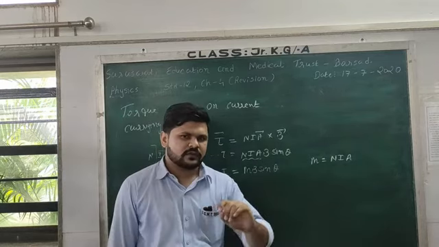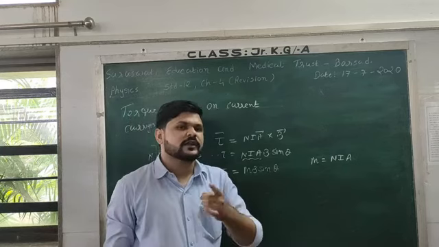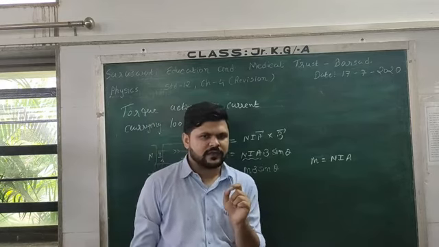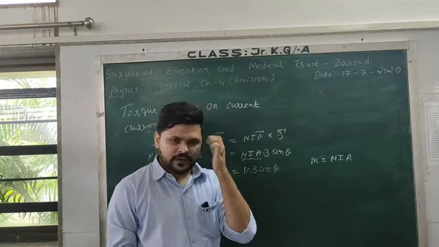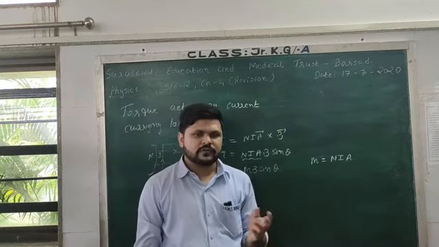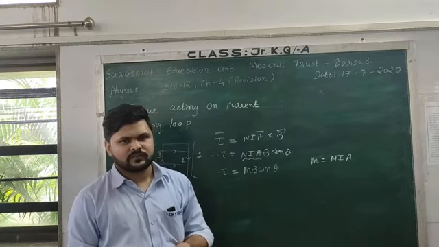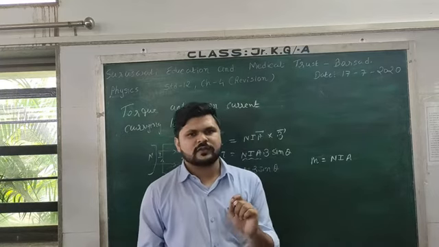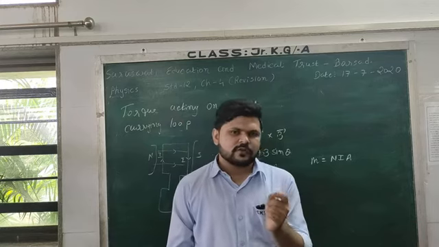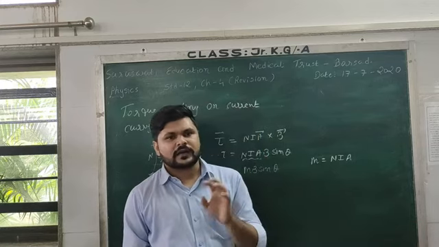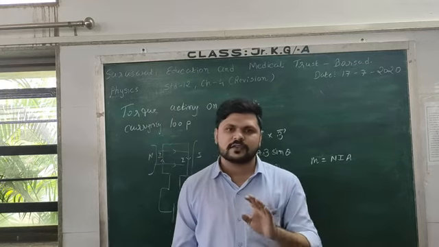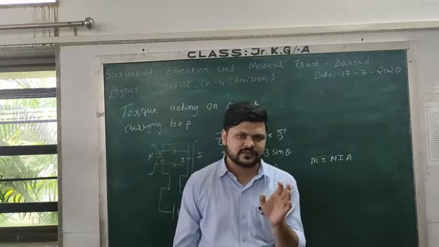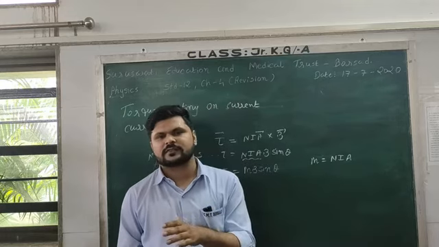To convert the galvanometer into an ammeter, we require one small resistance, which is called a shunt, and it is connected in parallel. Whereas to convert the galvanometer into a voltmeter, we require a large resistance, and we connect that large resistance in series with the galvanometer.